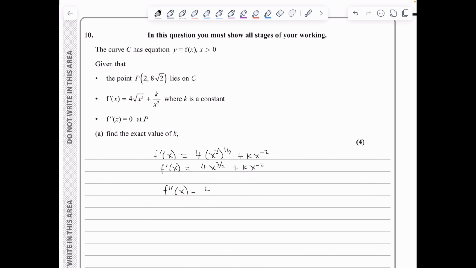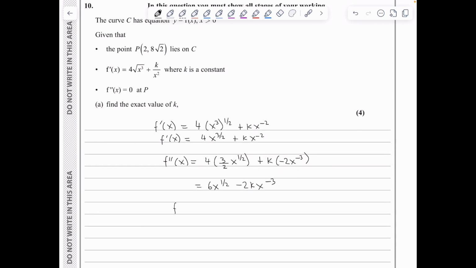So I multiply by the power and I deduct 1 from the power, and similarly here plus k times minus 2x to the minus 3. This leads to 6x to the half minus 2kx to the minus 3, and we know that f dash dash of 2 must be 0, so it's going to be 6 times 2 to the half minus 2k times 2 to the minus 3.